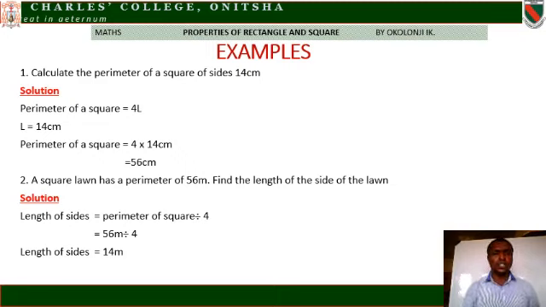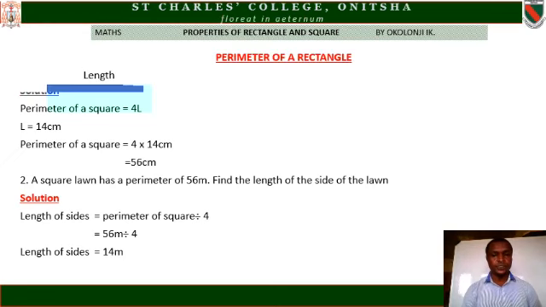Substituting it into its proper form, you have length of sides equals to perimeter of square divided by 4. The perimeter there is 56 meters divided by 4, which will give you 14 meters.